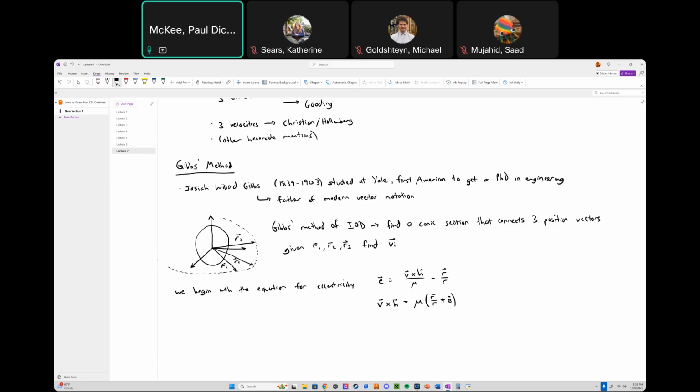So after some vector manipulations, we're going to skip a few steps. This becomes that velocity is equal to mu over the scalar h squared, and then in parentheses, h crossed r divided by r plus h cross e.